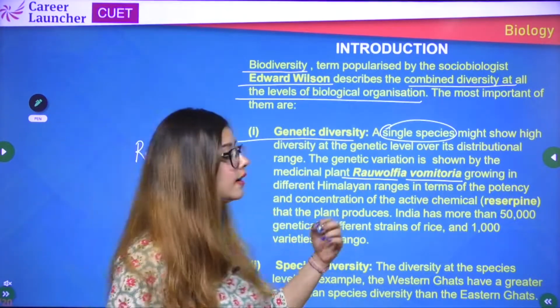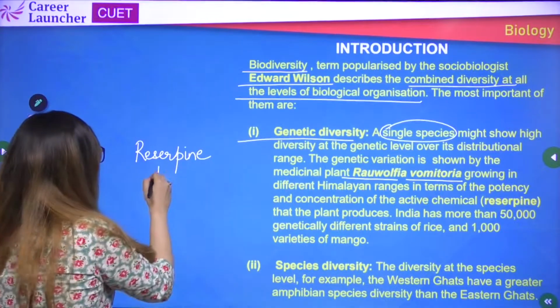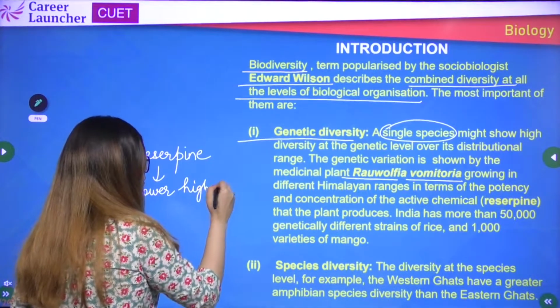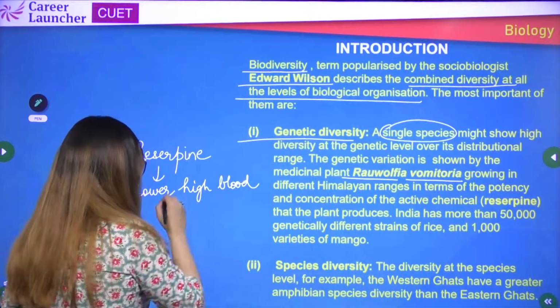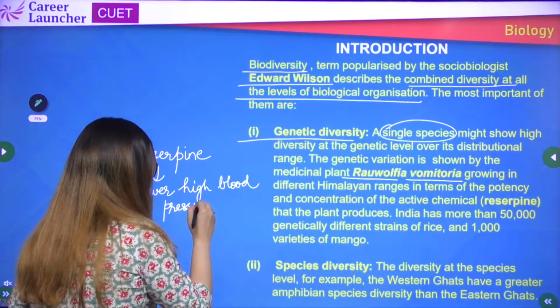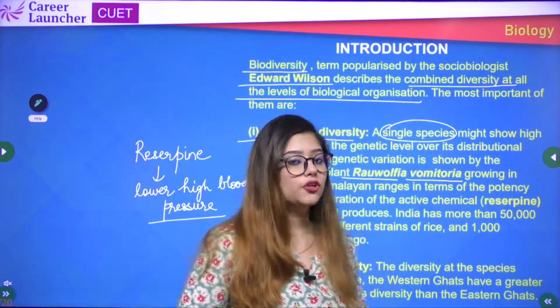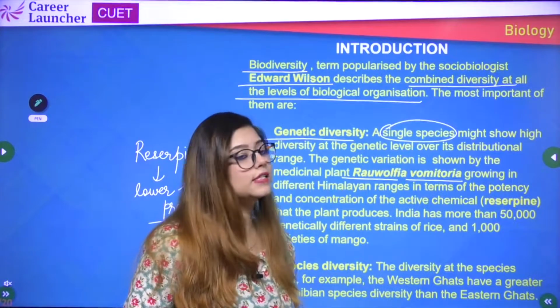Reserpine is a chemical which is used to lower high blood pressure. Right? Reserpine is used to lower high blood pressure and it is produced by this medicinal plant.